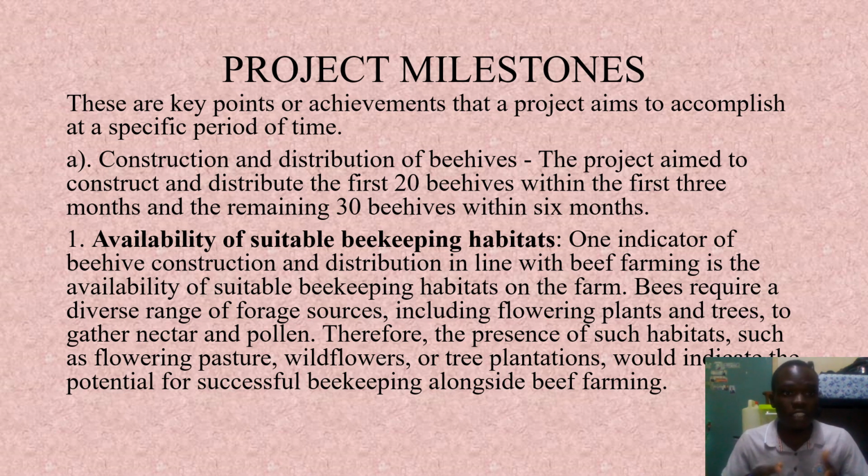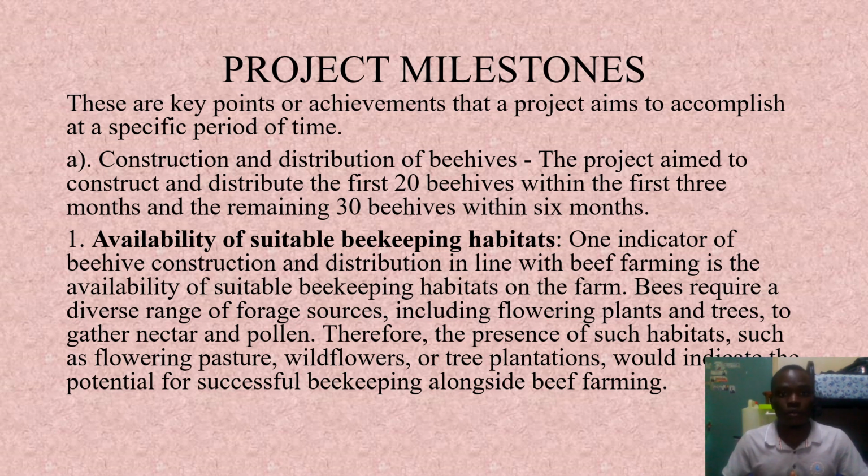It implies that the project has achieved its milestone. So the first milestone we have is construction and distribution of beehives. This project aimed at constructing and distributing a total of 50 beehives.